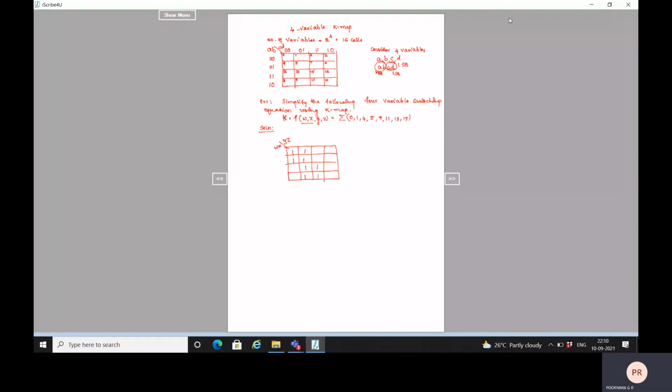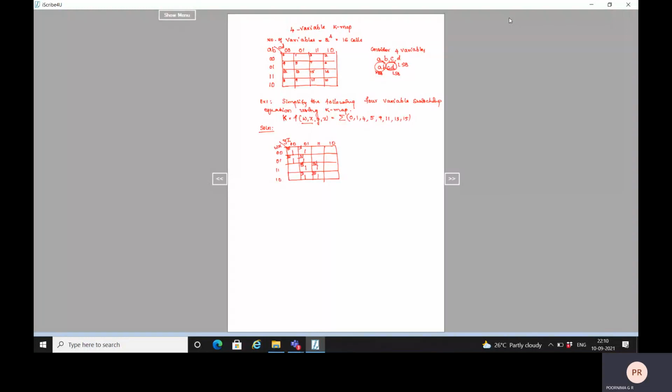If you look here, this is 00, 01, 11, 10, 00, 01, 11, 10. These are the 0th cell, first cell, then 4th cell, 5th cell, 9th cell, 11th cell, 13th cell, and 15th cell.